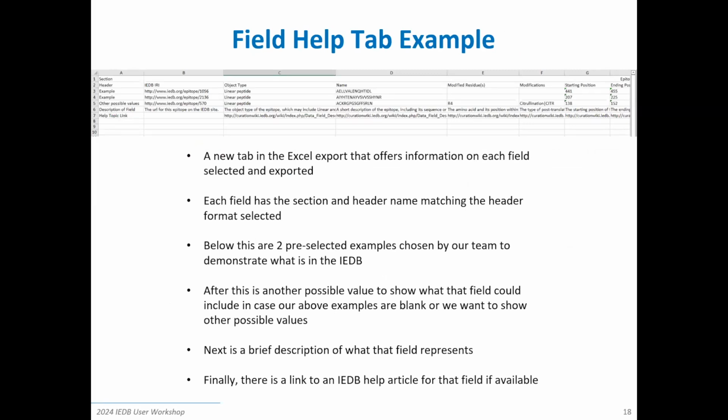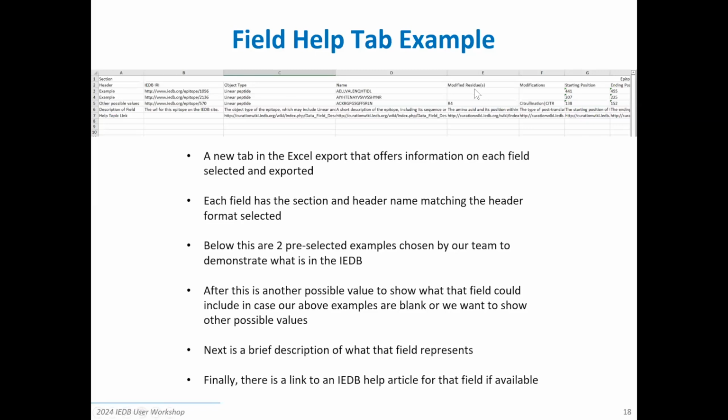You have the section, you have the headers, and then below that you have two examples that we've chosen, just examples of one of those rows. And then below that is another possible example that will show everything, in case the examples that we chose or the fields that you chose don't have any data.